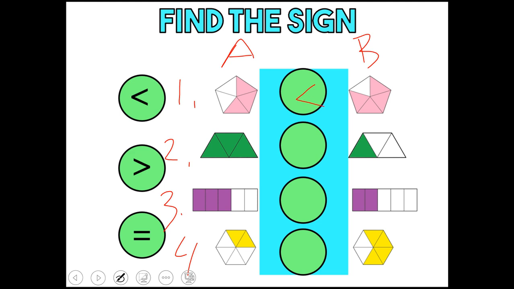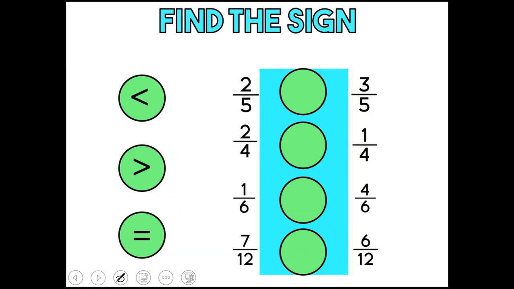Hopefully you put B. Which one has more, A or B? Obviously A, because it's all colored. What about number 3? Which one has more? A has more. There's 3 colored pieces. B has 2. And number 4, which one has more, A or B? And again, B has more, okay?